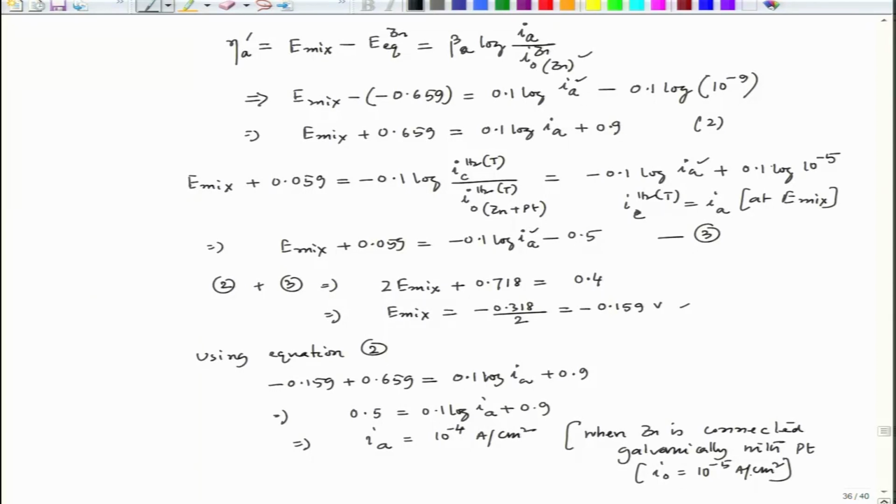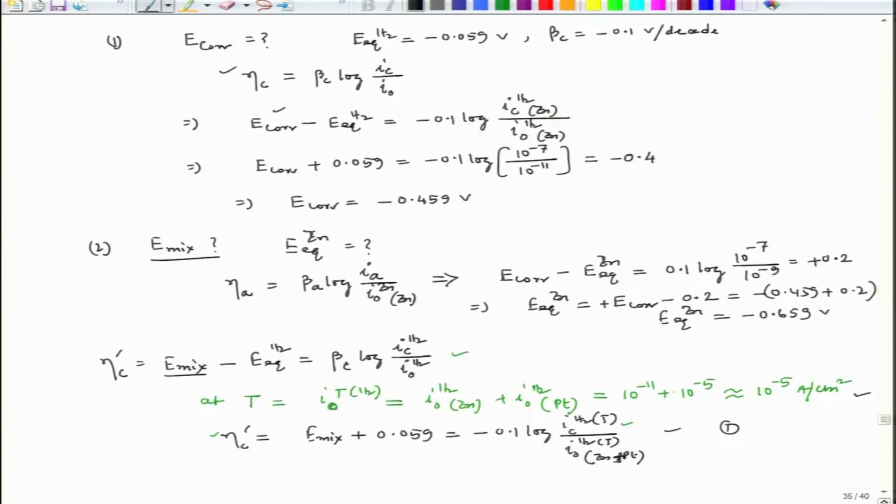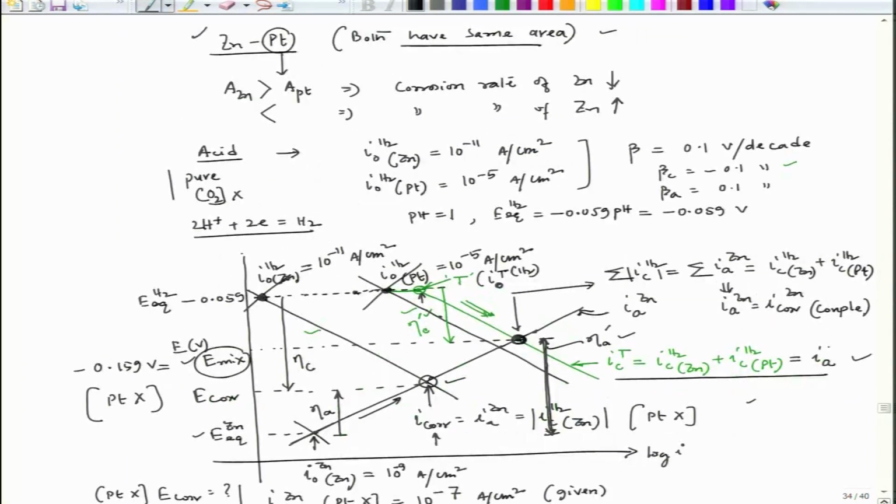So, it is very clear that without galvanic coupling, my corrosion rate was 10 to the power minus 7 ampere per centimeter square, and now after coupling.